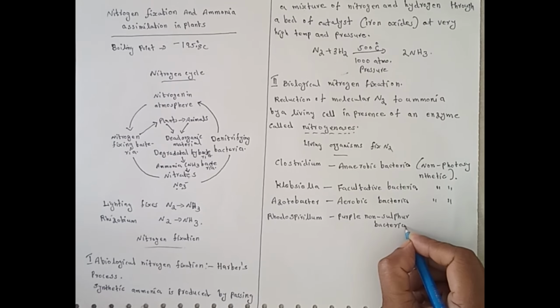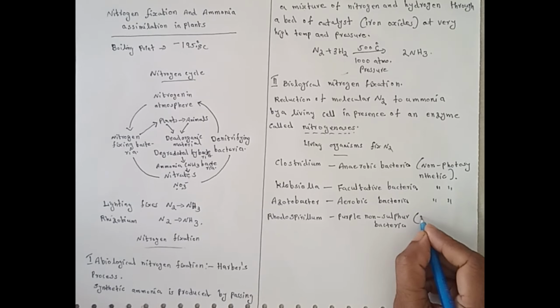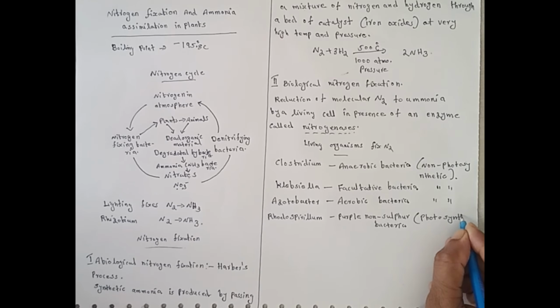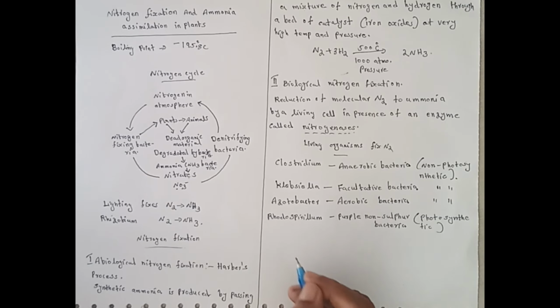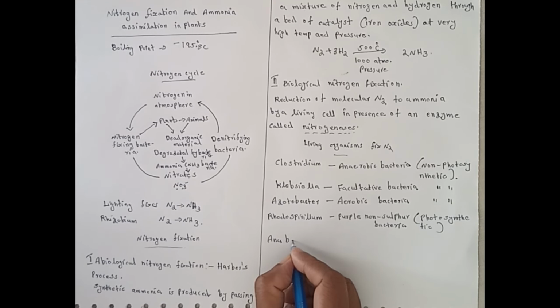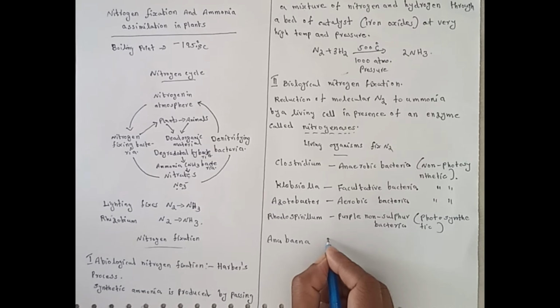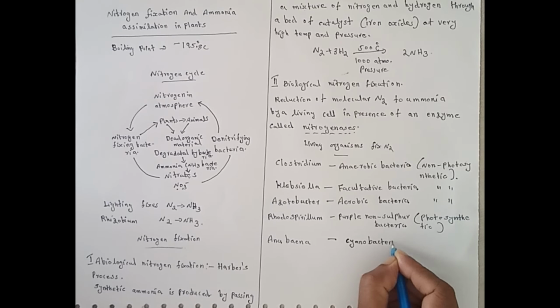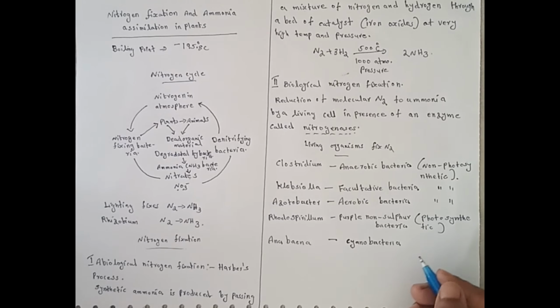It is a photosynthetic form. Next, Anabaena. It is a cyanobacteria, also a photosynthetic form.